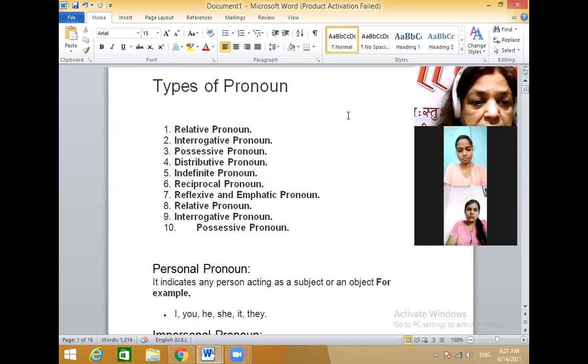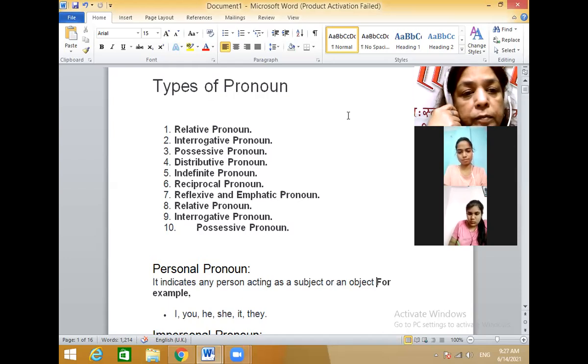So, the first is relative pronoun. You can write down the types of pronouns and then we can make sentences relating to the pronouns that we are discussing. So, the first is relative pronoun. What is it? We'll discuss later.